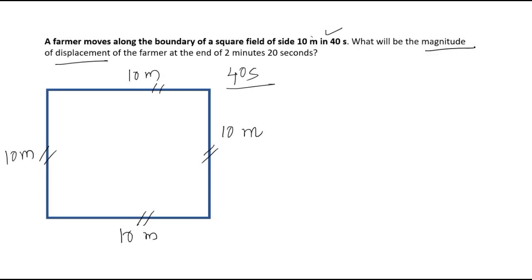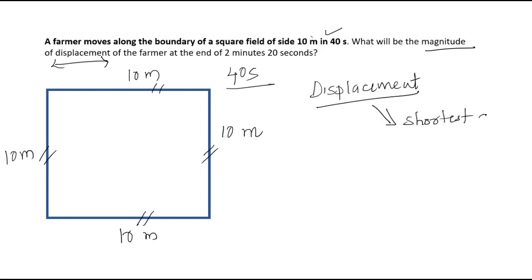Now these two terms, let us have a brief understanding of this. We know what displacement is. Displacement is the shortest distance between the initial and the final position, right? So what will be the magnitude of displacement?